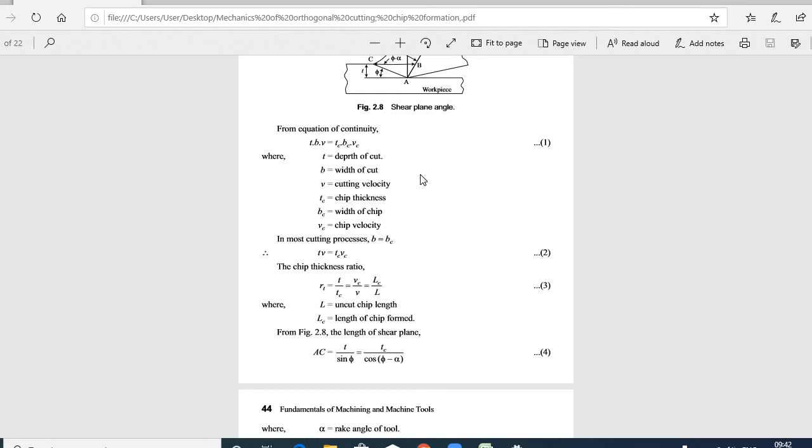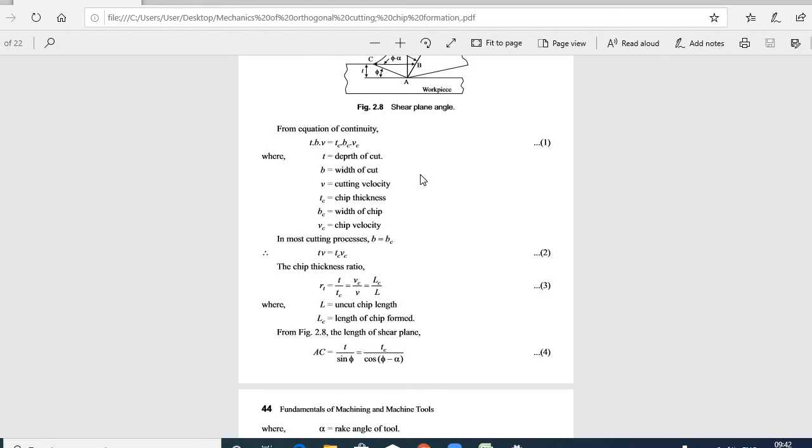t b V is equal to t_c b_c V_c, where t is depth of cut, b is width of the cut and V is cutting velocity, and t_c is chip thickness, b_c is width of chip and V_c is chip velocity.